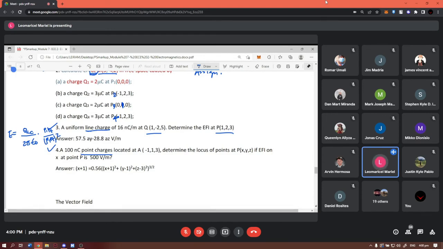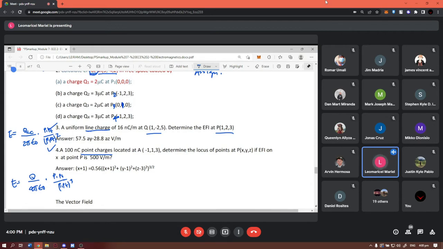Hindi ba sa point charge natin, dito sa ating number 4, ang point charge natin will be yung given mo na point charge, Q over 4 pi eta O multiplied by yung given mo na vector, P1 PT over P1 PT cube. Yan. So, ito yung ginamit natin kanina, di ba?